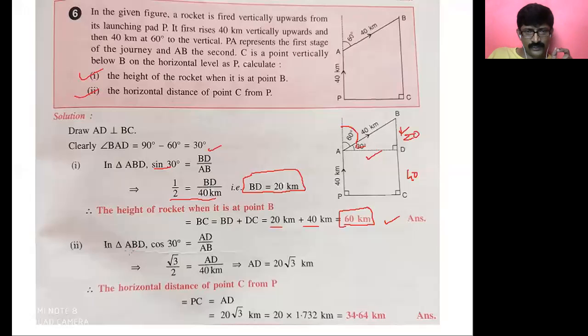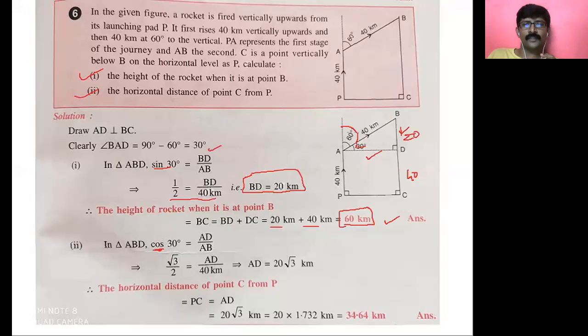Again in triangle ABD, cos 30. Why cos 30? Because adjacent upon hypotenuse. What is the adjacent upon hypotenuse ratio? Cos. You must understand which side to refer, which angle to refer. If you know which angle to refer, you can come to know which side. Opposite upon hypotenuse, adjacent upon hypotenuse, opposite upon adjacent, accordingly the sin cos tan ratio comes.